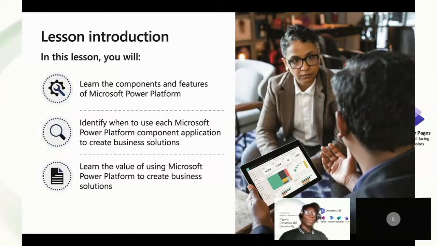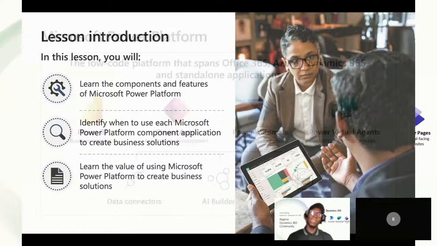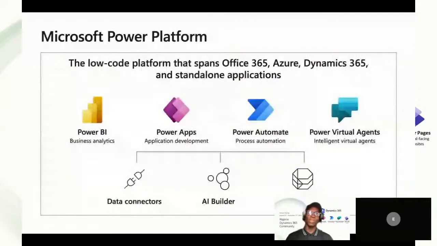The Power Platform fundamentals also help us identify when to use what solution, and when to use which component of the Power Platform. The Power Platform comprises a lot of components that I'll be showing in the next slides, and we can also see how these products contribute positively to businesses and organizations generally. The solutions are targeted at several things that are happening across the business or organization.